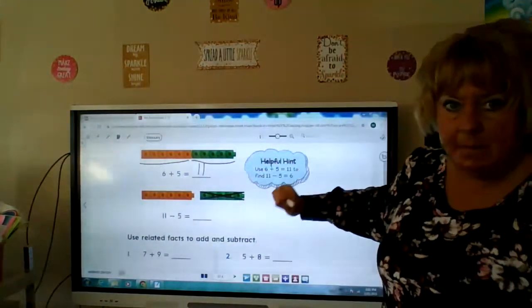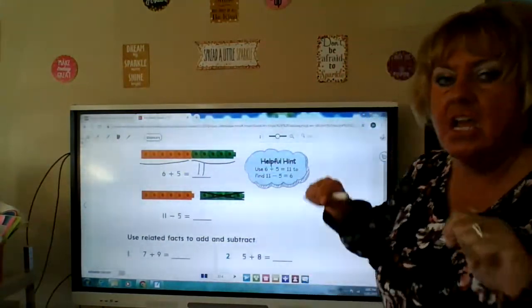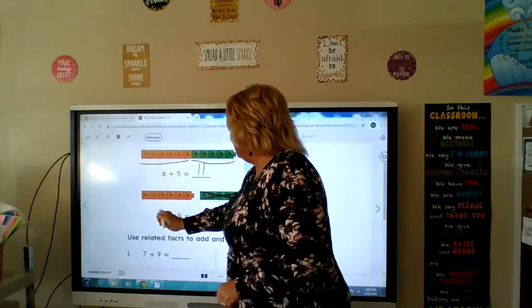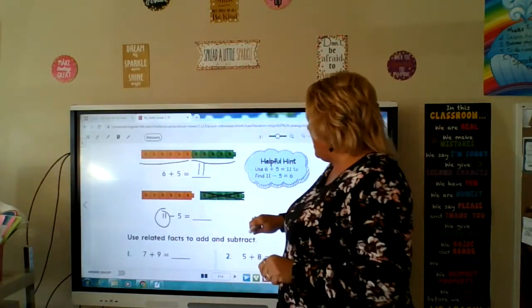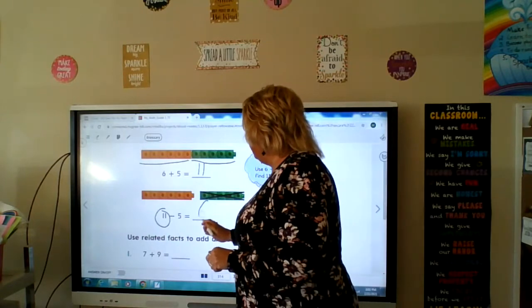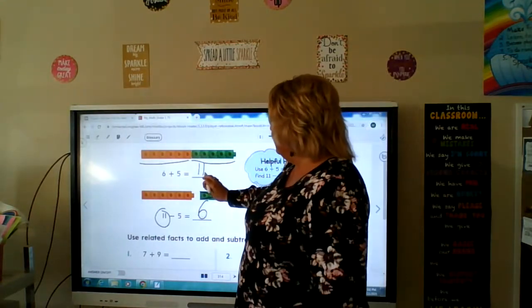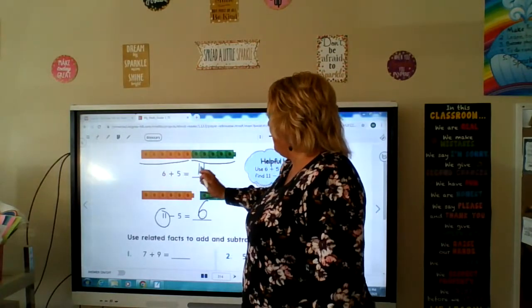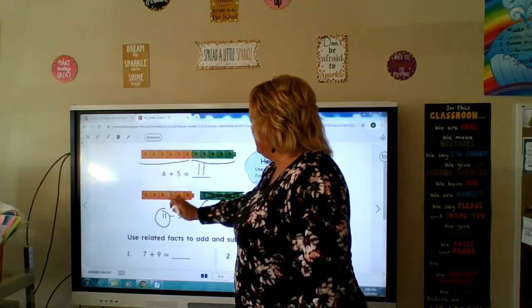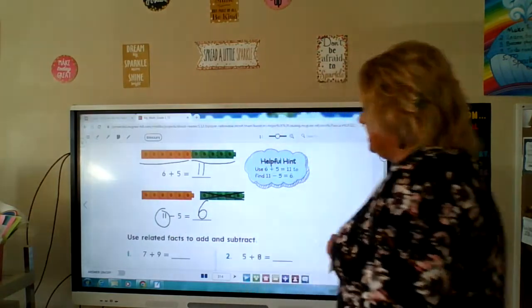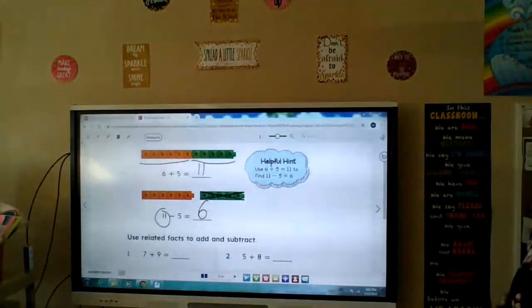Now, if we take them apart, we're doing subtraction. So now we have them all together, so now we have 11. If we take away the 5 green, we have the 6 orange left. So our related subtraction problem for 6 plus 5 is 11. We always start with a big number in subtraction. So that would be 11 minus 5 is 6. Okay?